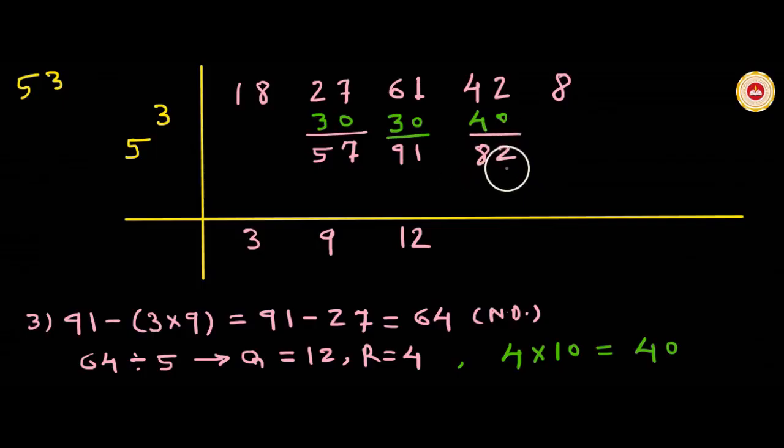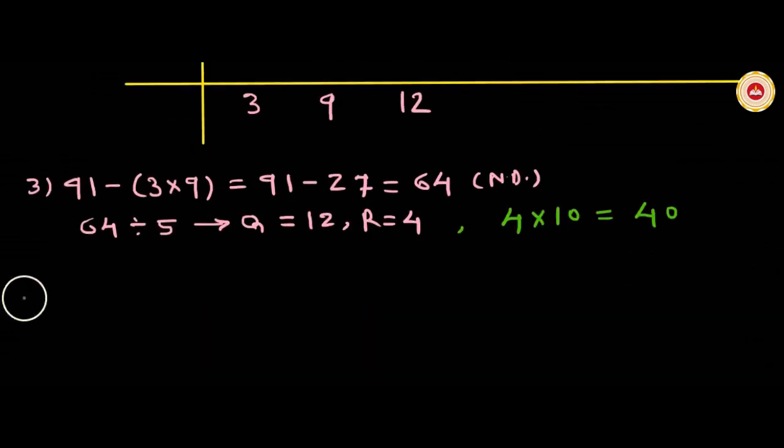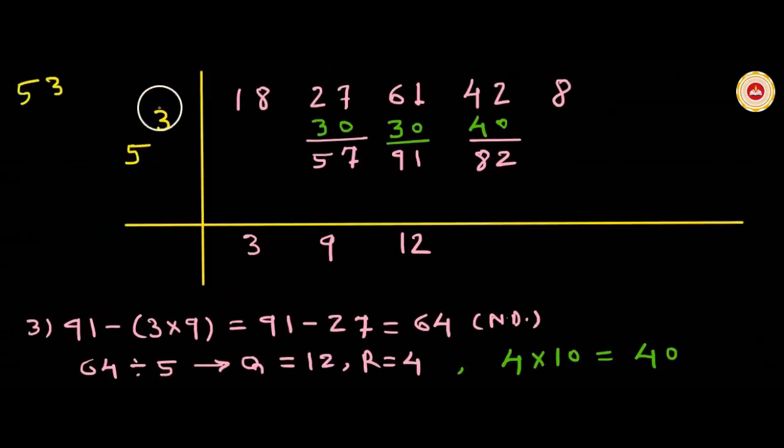Okay, now let us calculate net dividend. Step number 4 is gross dividend 82 minus what to subtract? See, multiplication of flag digit 3 and recent last quotient digit, which is 12.